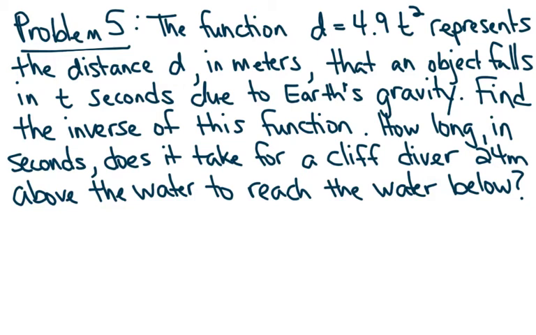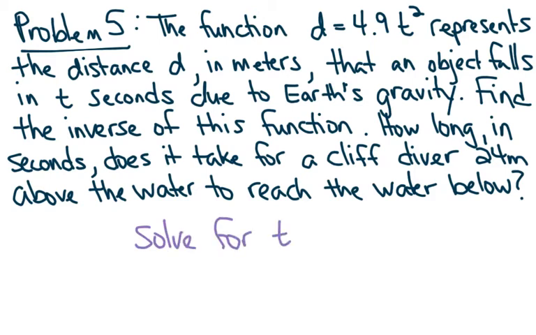This equation represents the distance d in meters that an object falls in t seconds due to the Earth's gravity. Find the inverse of this function. How long in seconds does it take for a cliff diver 24 meters above the water to reach the water below? So, asking me to find the inverse is asking me to solve the equation for t.